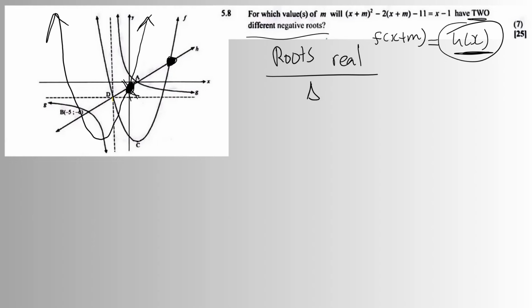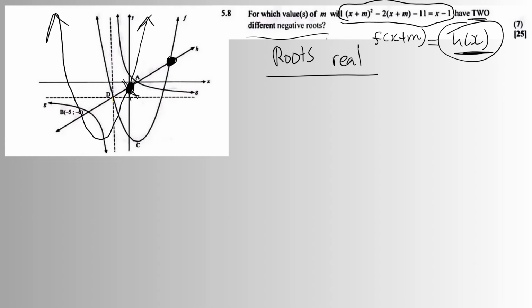We know that our delta must be greater than 0. So the first thing really is for us to simplify that equation such that we calculate delta. So perhaps let that be our first step. I'm just going to simplify, expand and group the like terms.